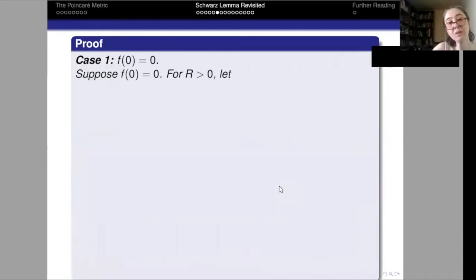So we can actually show that f is conformal directly, but first we need to examine the case where the value of f at 0 is equal to 0. This is case 1. For a positive r, we take the Poincaré circle centered at 0 with radius r.